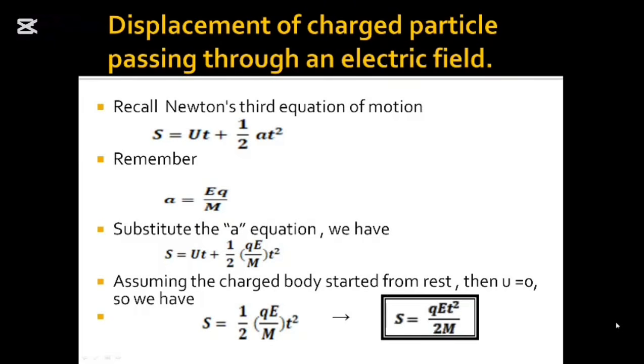So x now will be equal to 0 plus half QE over m t squared. That now means that x is equal to half q over m t squared. Stating it as a formula, we have it that x equal to QET squared all over 2m.